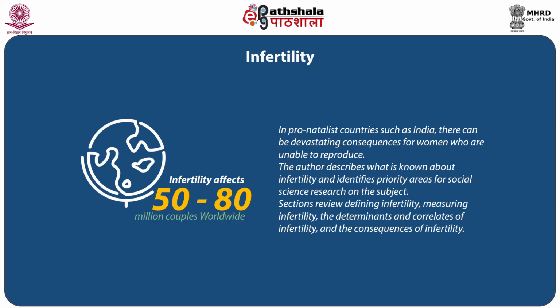The author describes what is known about infertility and identifies priority areas for social science research on the subject. Sections review defining infertility, measuring infertility, the determinants and correlates of infertility, and the consequences of infertility.